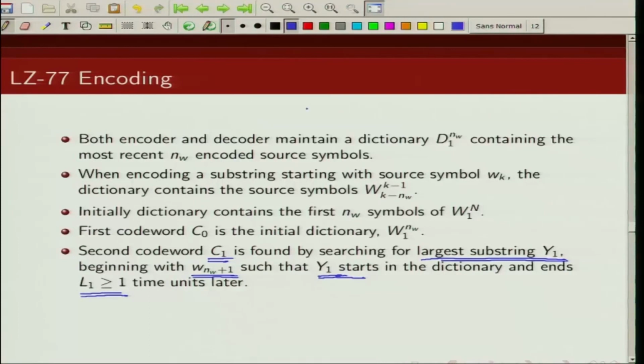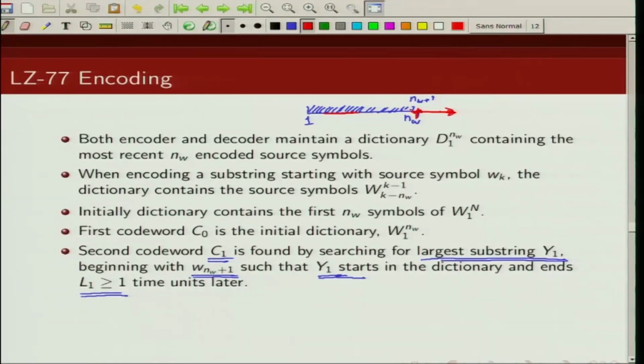Initially, 1 to NW is my initial set of NW symbols, and they are in the dictionary. Now I look at the next symbol, which is NW plus 1, and I look for the largest string starting at that location which is already there in the dictionary.